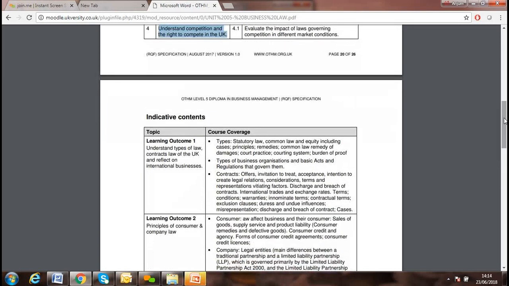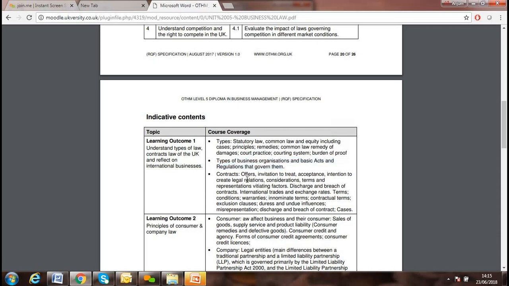For LO1 and assessment criteria 1.1 and 1.2, we're supposed to learn the types of statutory laws, common laws, equity, including the cases, principles, remedies, common law remedies, damages, court practices, the court system, burden of proof, types of business organization, basic acts and regulations governing contract law.